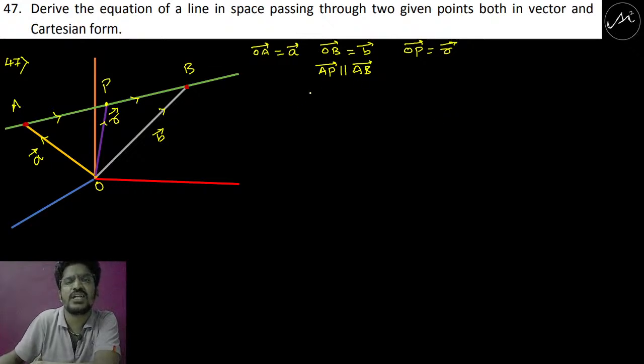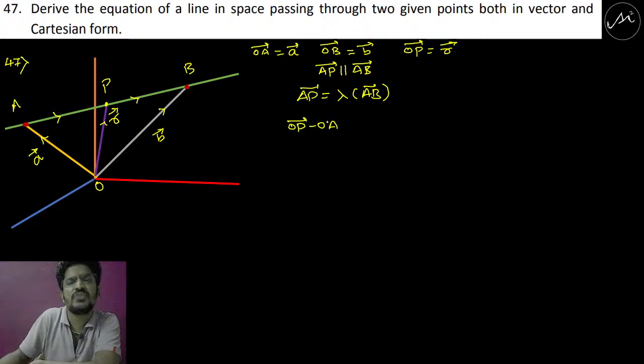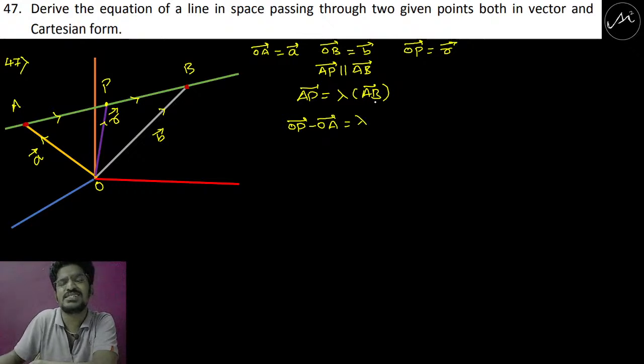So let us take vector AP equal to lambda times vector AB. Now vector AP is vector OP minus vector OA, and AB is OB minus OA.